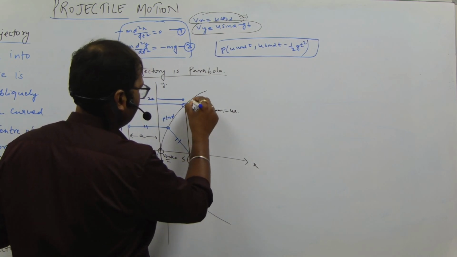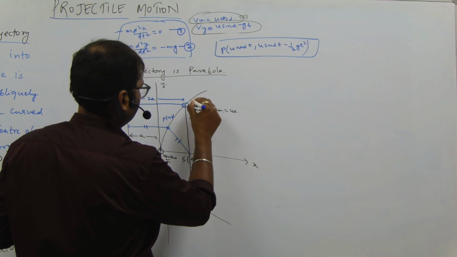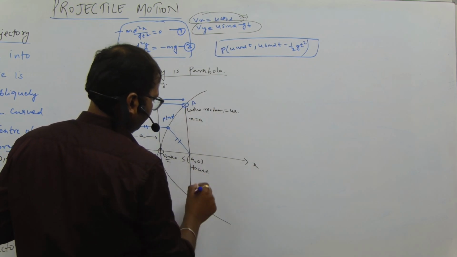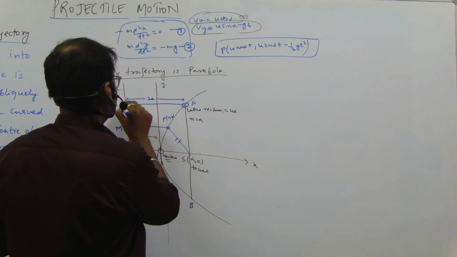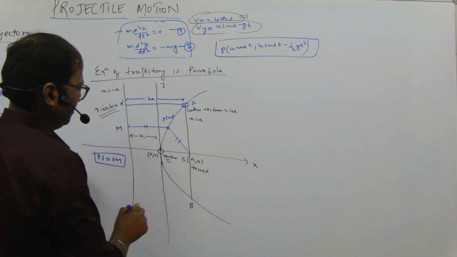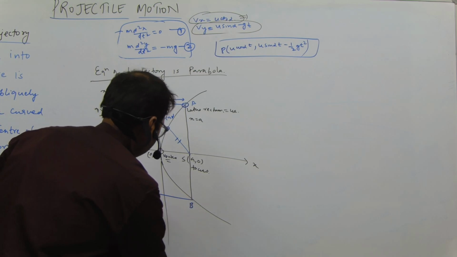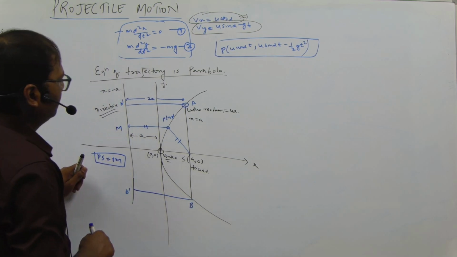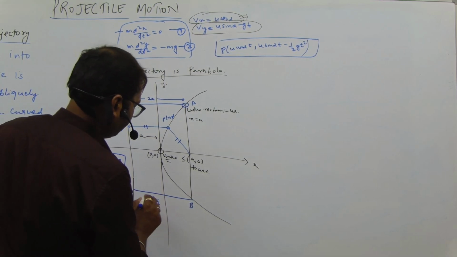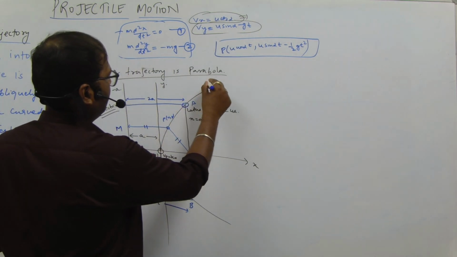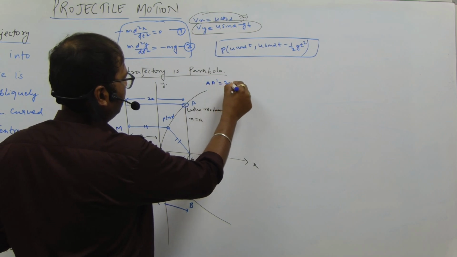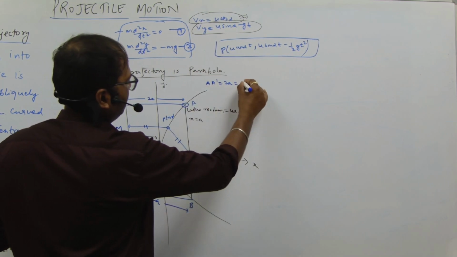Let us name these points A, B and S. So we have this as A dash, and this as B dash. AA dash is equal to 2a, which is equal to this distance, AS.